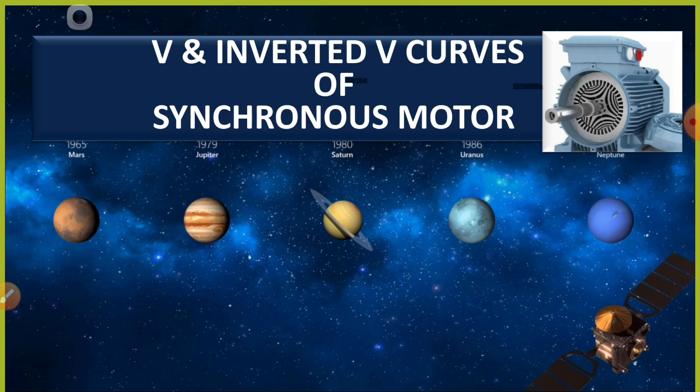This shows a curve similar to the English alphabet V, excitation versus armature current. If the same excitation current changes are plotted against the input power factor, then we are going to get the inverted V curve.